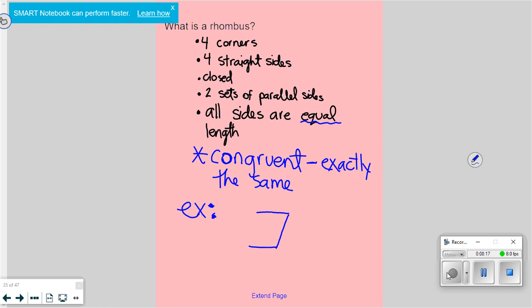Try your best. That's as good as I got. That shape, if I go through my rules, it's closed. It has 4 straight sides, has 4 corners, and it has all equal sides and 2 sets of parallel sides. I can call that shape a rhombus.